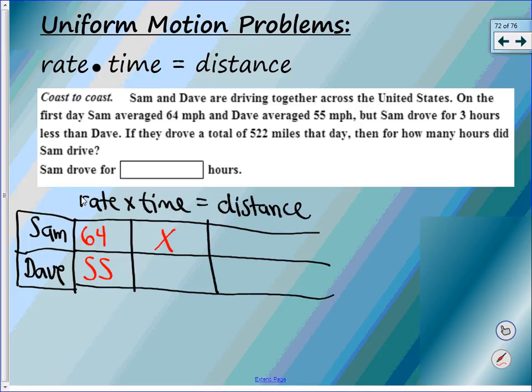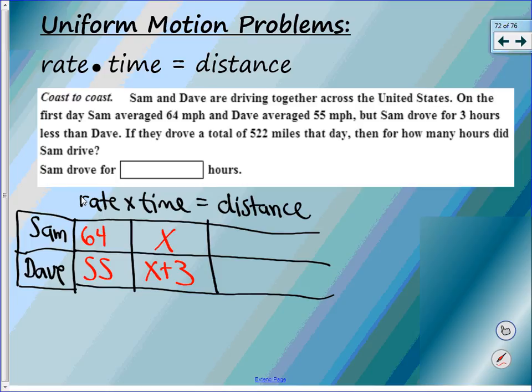Okay. Then it says Sam drove for 3 hours less than Dave. If Sam drove for 3 hours less than Dave, then Dave drove for 3 hours what? More. So what would I call Dave's? x plus 3. Now, the key with using the tables is as soon as you have 2 columns filled out, you don't use any other information.